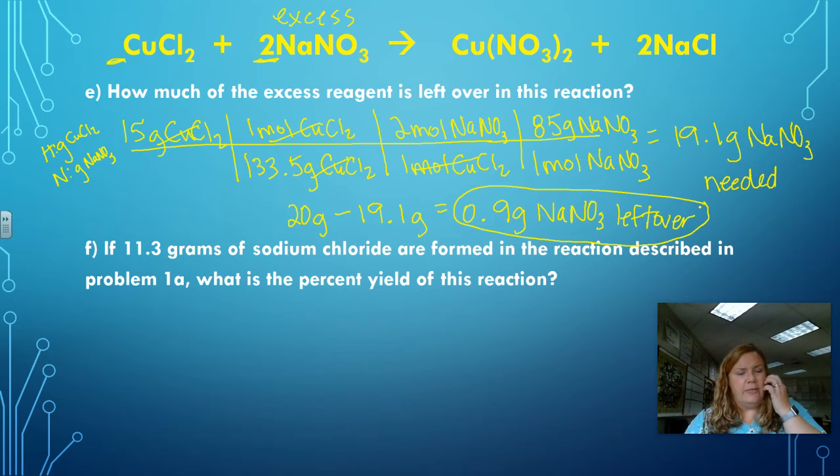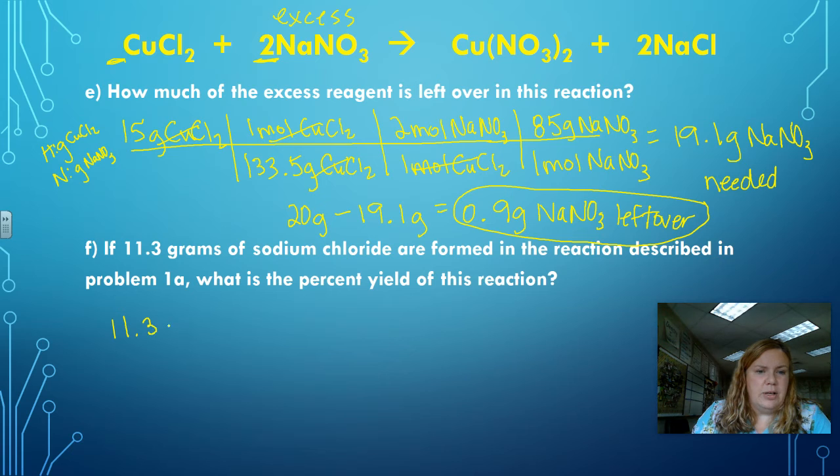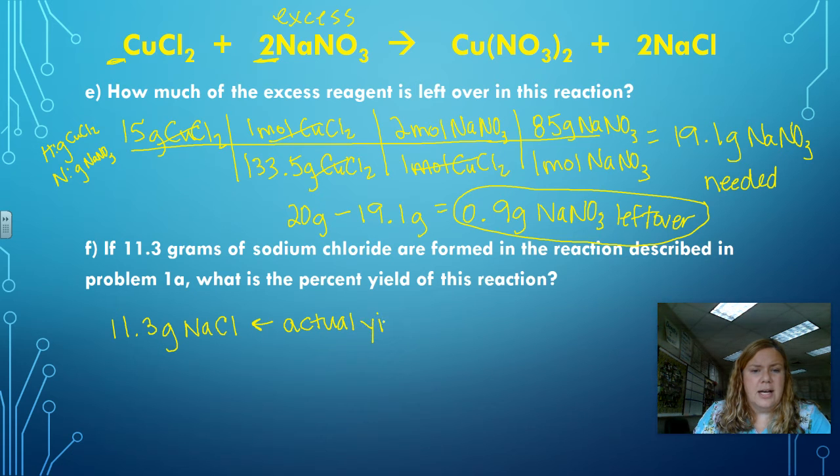We have 11.3 grams of sodium chloride. Okay, so 11.3 grams of sodium chloride are formed. This right here is called our actual yield. This is our actual yield.